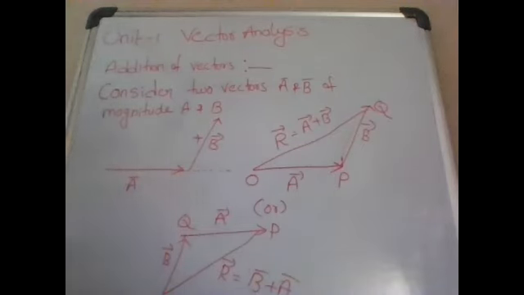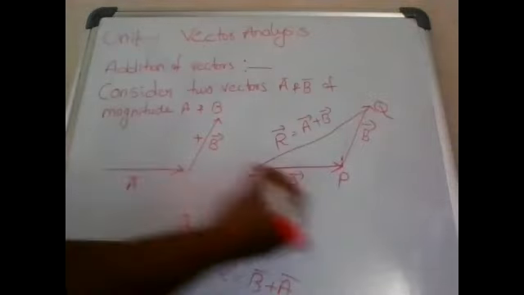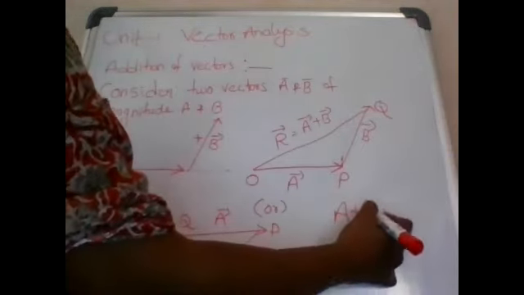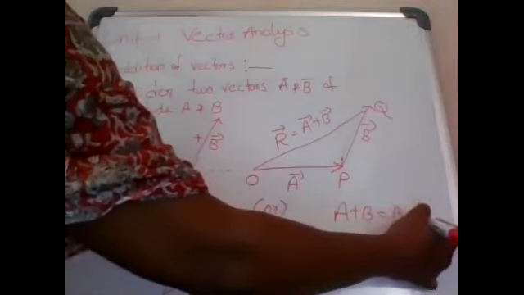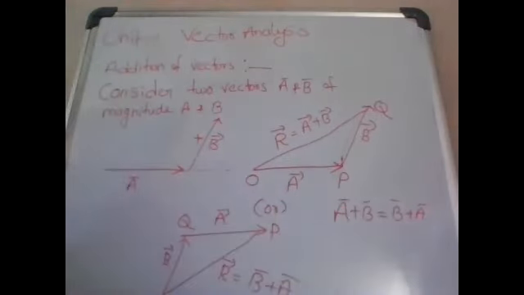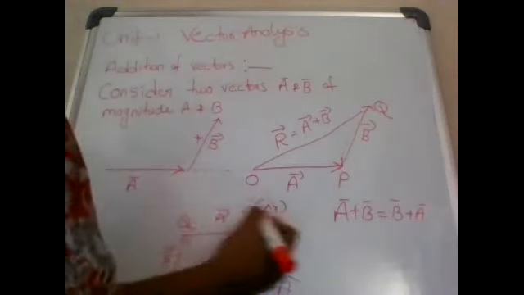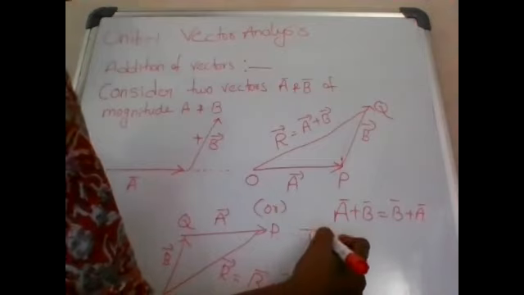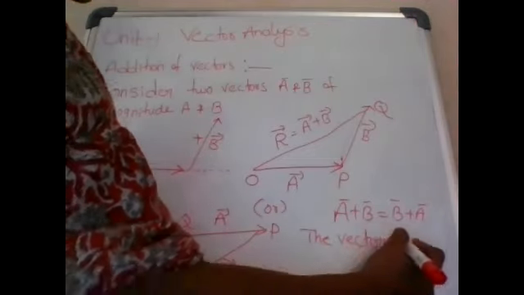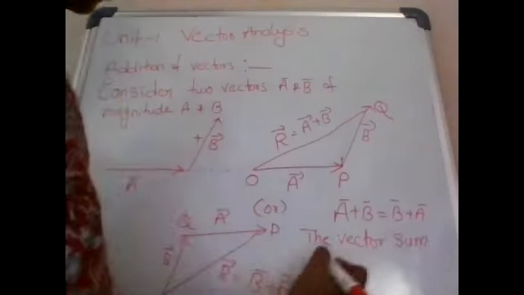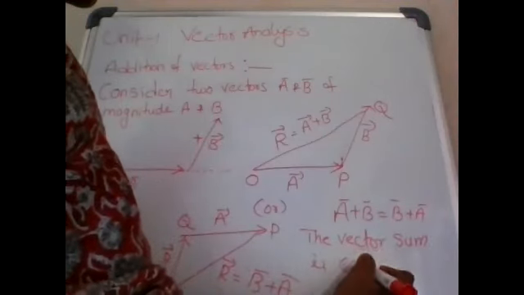So from these two diagrams, we can write A plus B equal to B plus A. A plus B equal to B plus A means the vector sum is commutative.